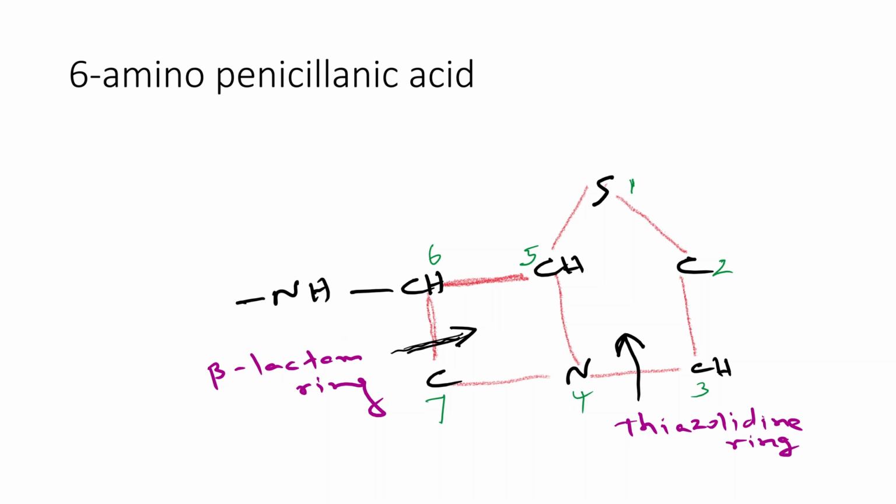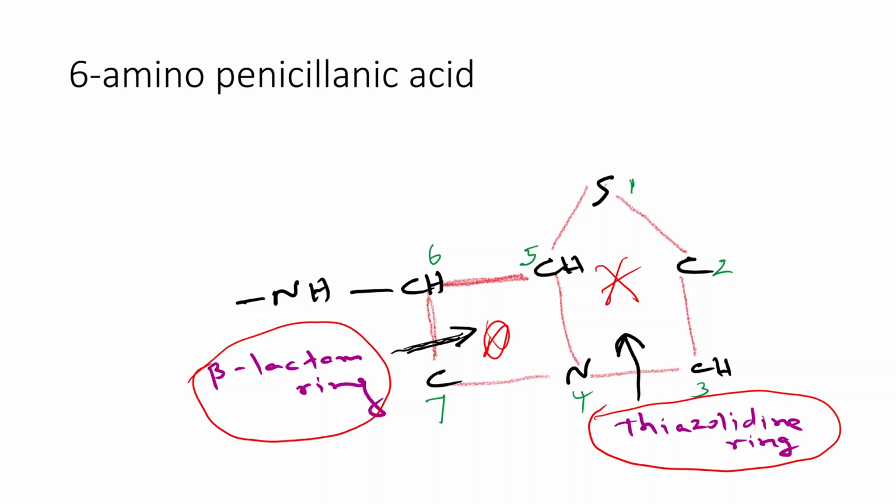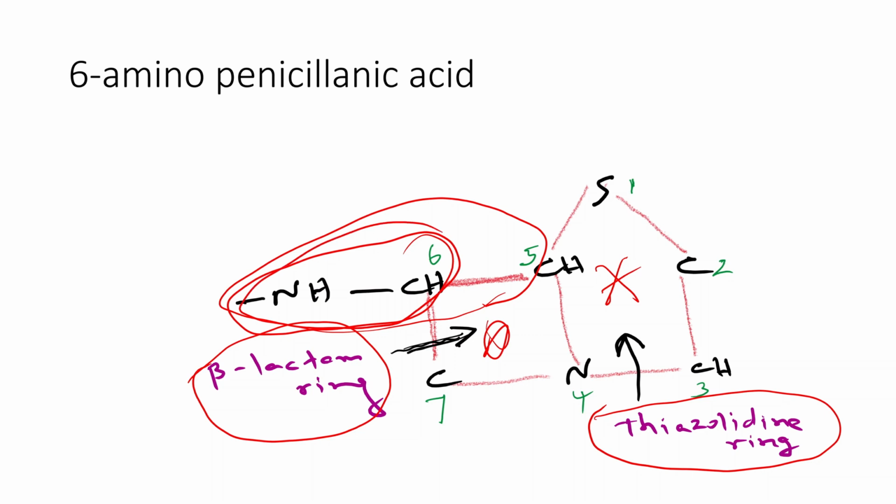You can see this is the thiazolidine ring, this is the beta-lactam ring, and this is the side chain attached to the 6th position. By changing this side chain, scientists produce different penicillins.